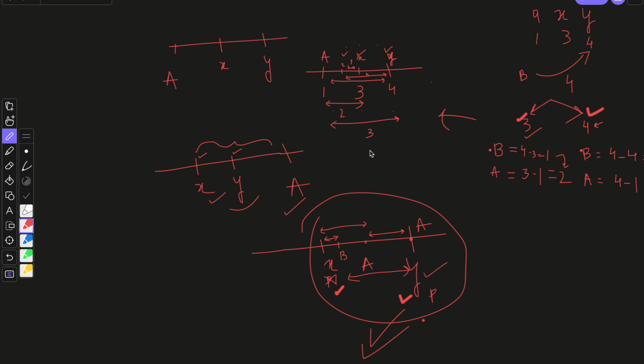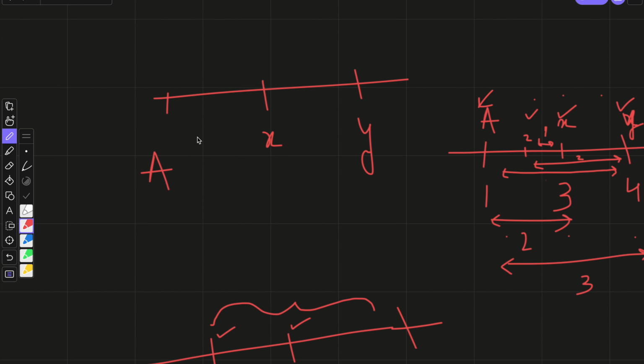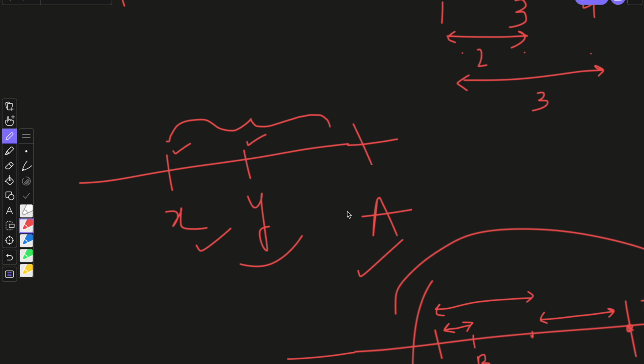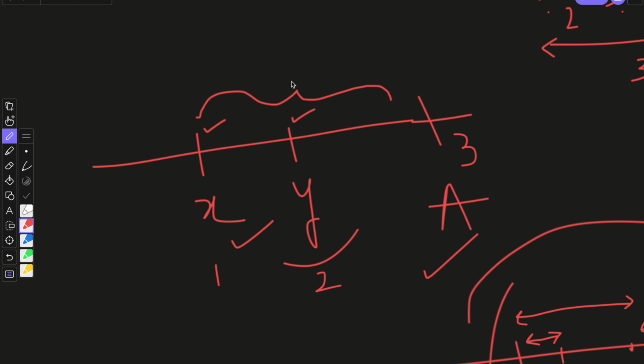So for this case we have seen that if the position of Alice is on the left hand side, let's see if it is on the right hand side. So let's take x as 1, let's take y as 2, and let's take Alice's position as 3. So when these positions are given, let's take Bob's position as y.